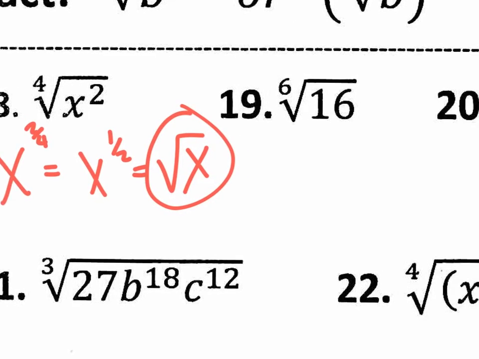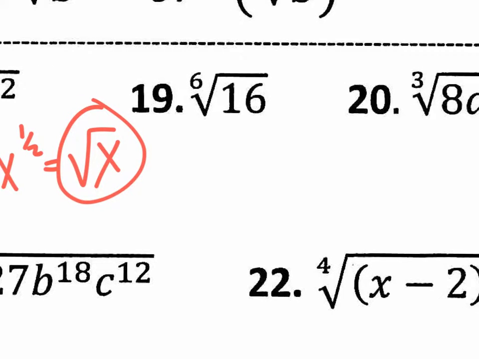Let's check out number 19. 16, first of all, it could be rewritten as 4 to a certain power, or even 2 to a certain power, right? 16 could be rewritten as 2 times 2, 4 times 2, 8 times 2, 16. So it could be rewritten as 2 to the 4th instead of 16.